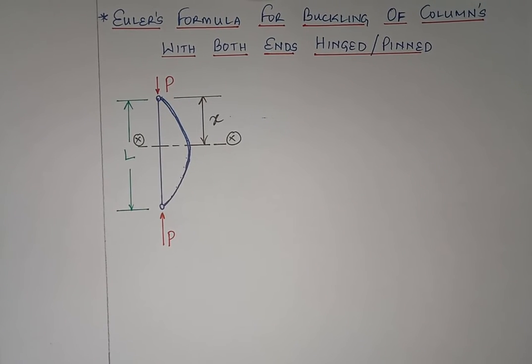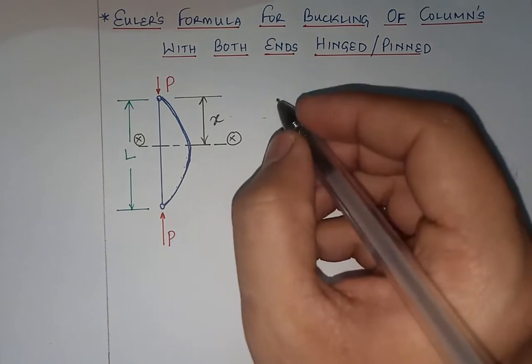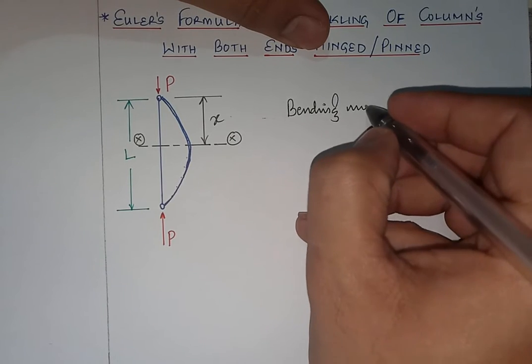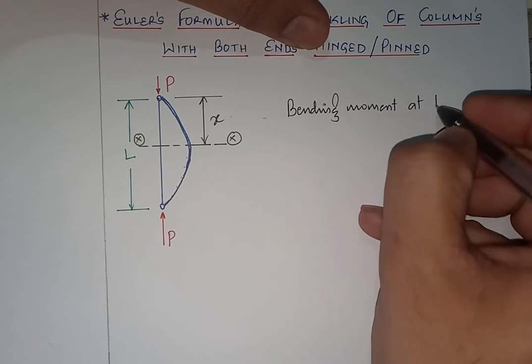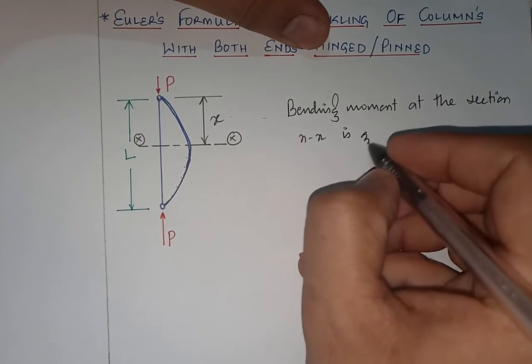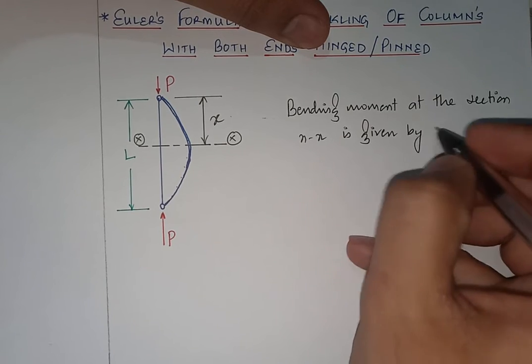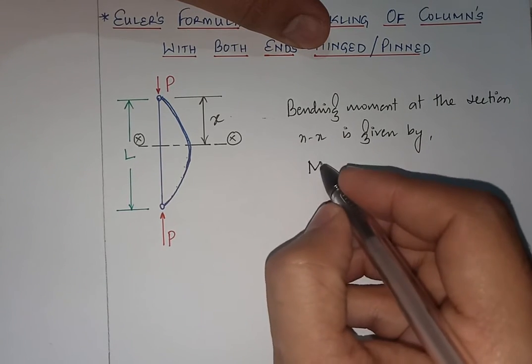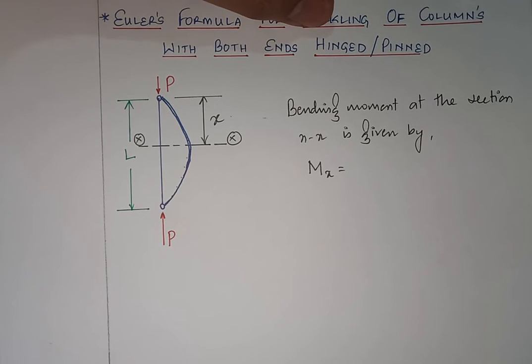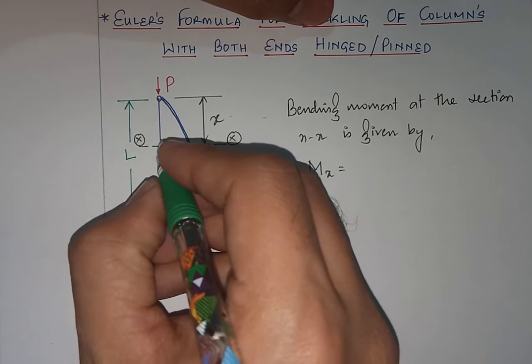Now let me start with the derivation part. Bending moment at the section XX, if I denote it by Mx, is given by, and here I need to mention one more parameter, that is deflection.